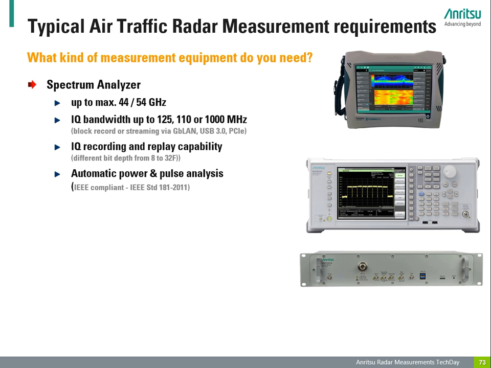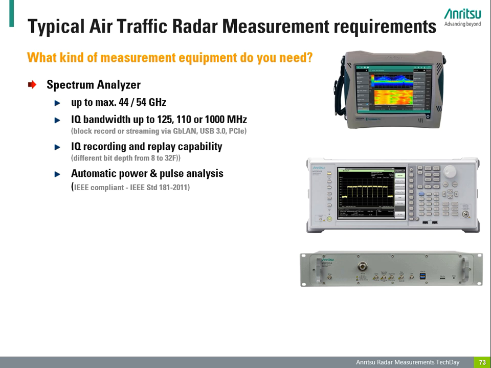We have, for example, the MS-2090A handheld spectrum analyzer, the one on top of the 3 units here, going up to 54 GHz and providing up to 110 MHz IQ capability, either by time record capturing, or even by streaming the IQ data via PCIe high-speed interface into other applications.